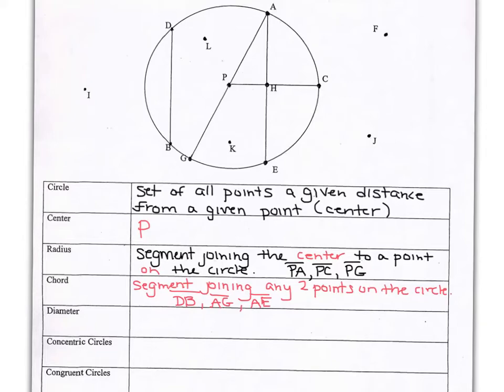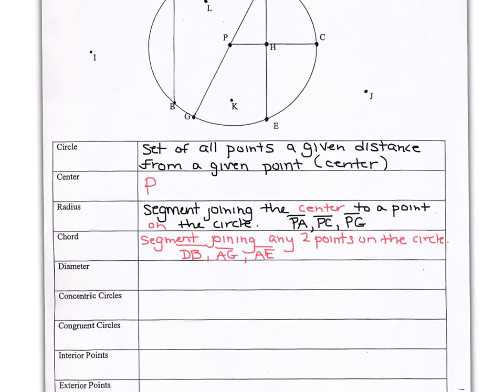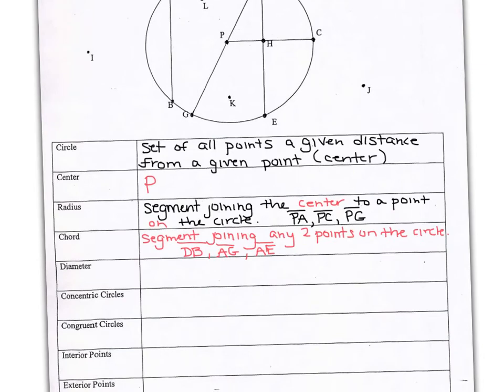Now hopefully you've heard the term diameter before. A diameter is just a chord from above that passes through the center of the circle.